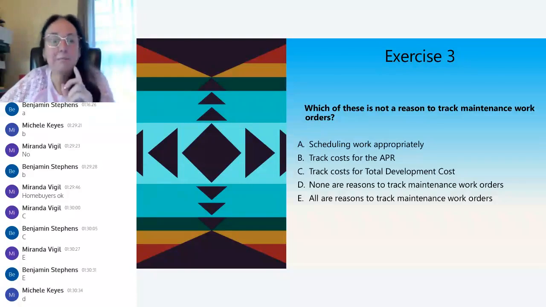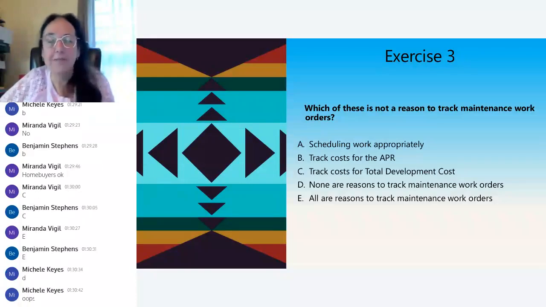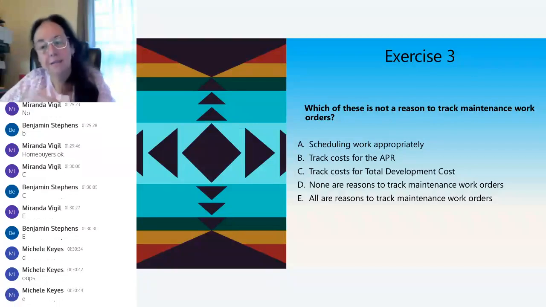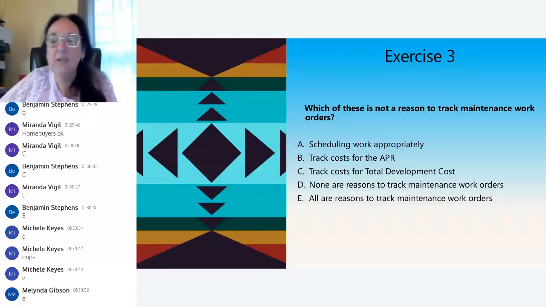Actually, all are reasons. You're supposed to make sure everything's appropriate. Your APR, you need to know what you spent where, and your total development cost, you're always supposed to track how much money is spent on a unit.